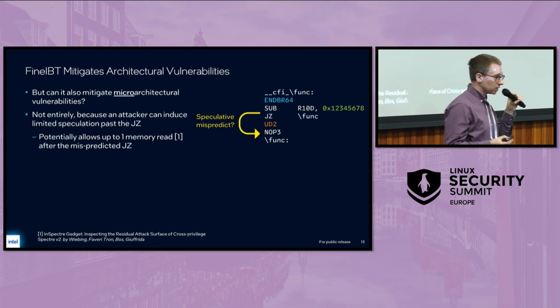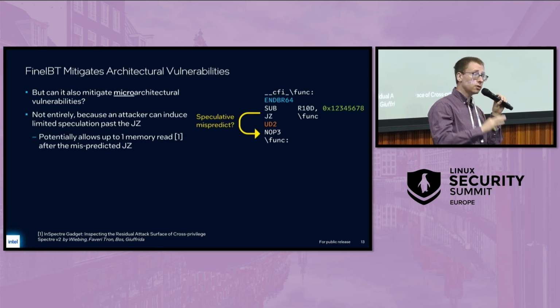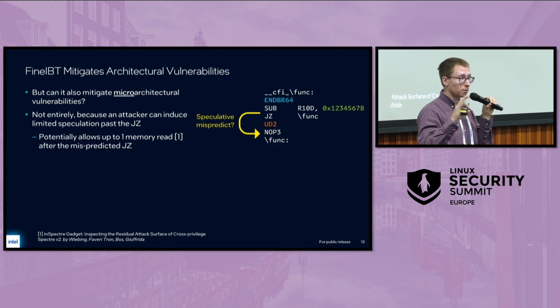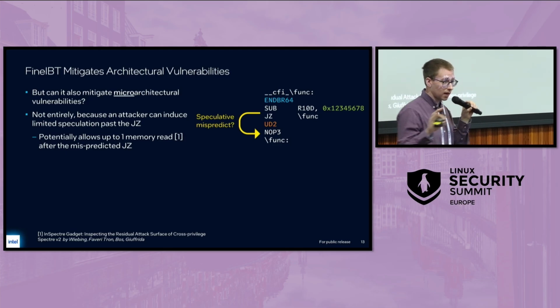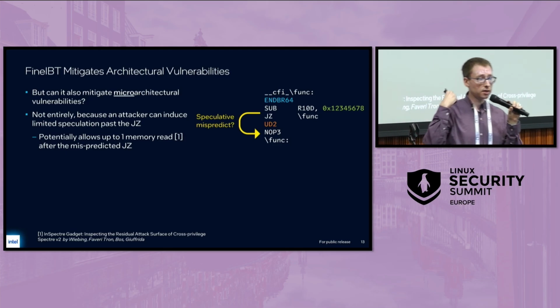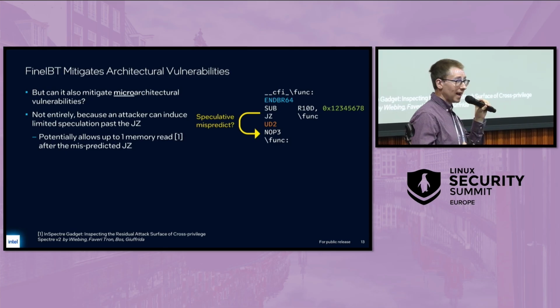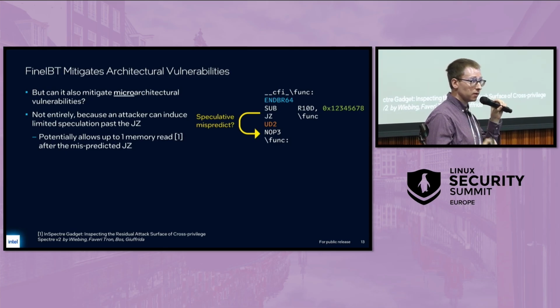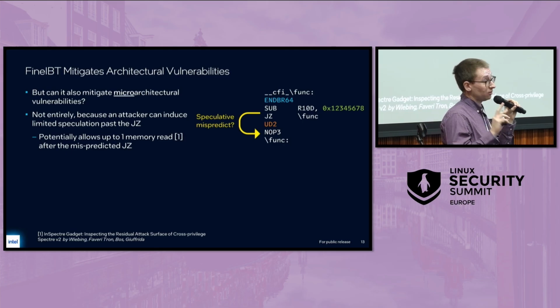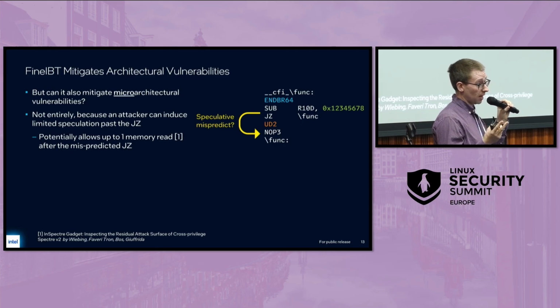So if both the indirect call and the JZ are mispredicted, then you could have a possibility that on the microarchitectural path, on the speculative path, you could execute the contents of a function after a type mismatch. And that could allow a gadget to be executed, and that could allow a potential data exposure.